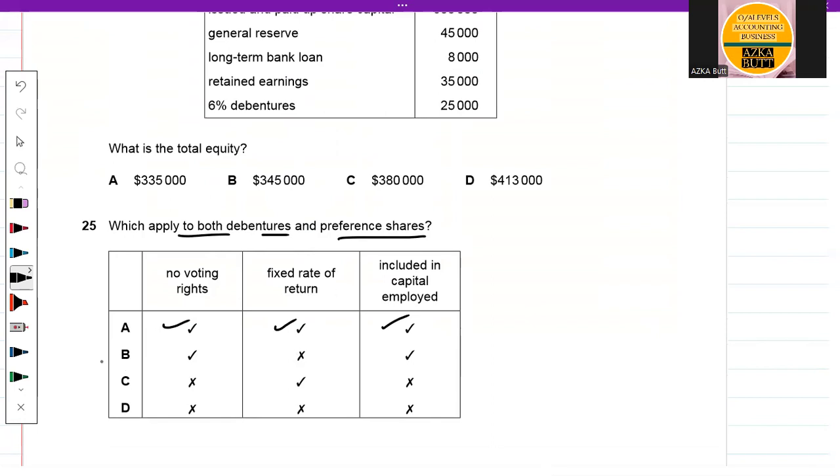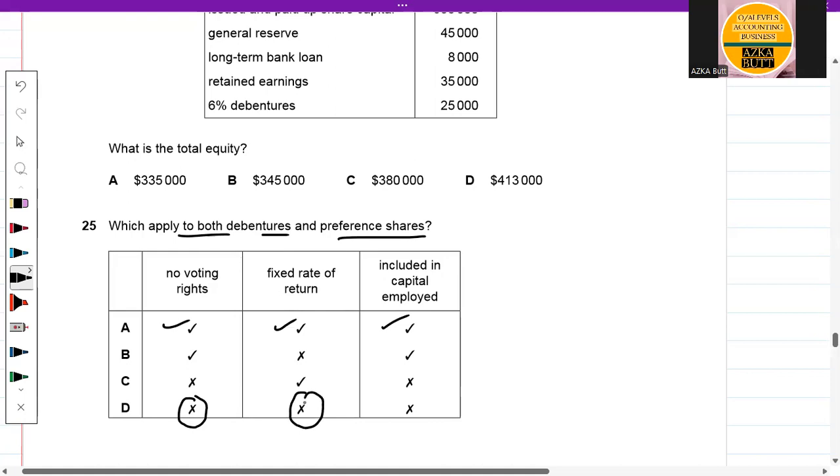The other answers are wrong, because they cross the no voting rights option, which means they are saying debenture and preference shareholders have voting rights, and they cross fixed rate of return, which means they are saying they don't have a fixed rate of return. It's not like that. So only A option is right.